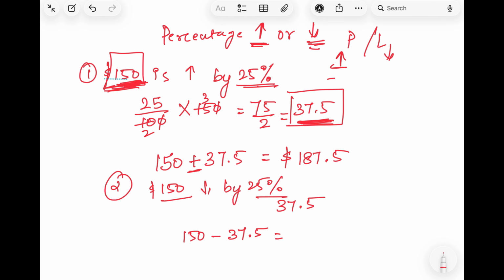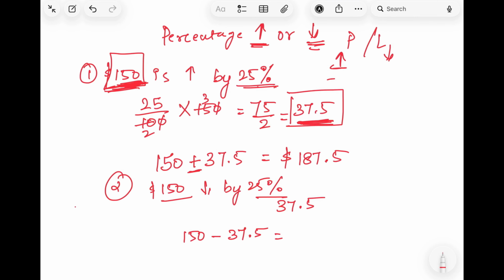What answer do we get? 112.5. So the reduced number is 112.5. So when you reduce 150 by 25%, the answer is 112.5. This is all about how we find the percentage increase or decrease of a given number.